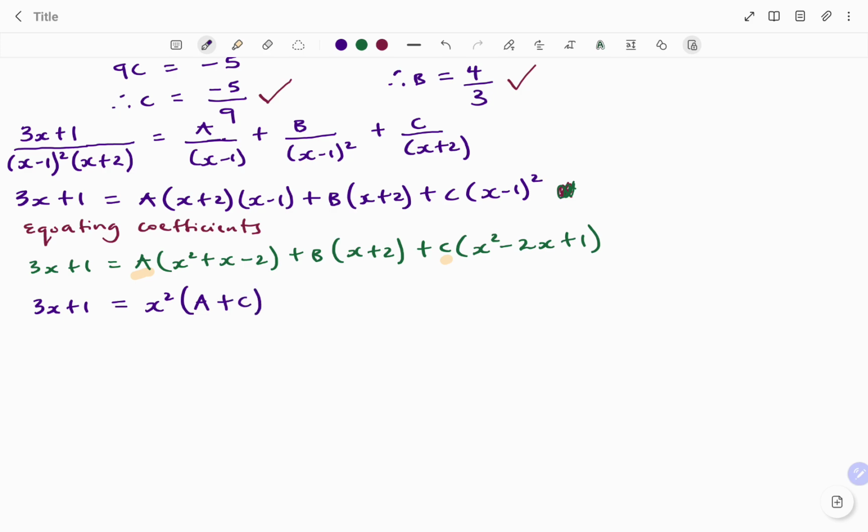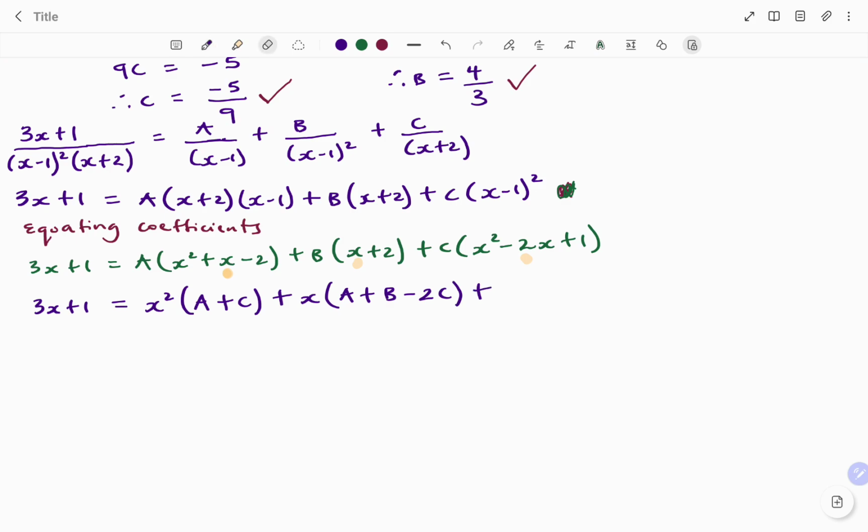Then I go to x. Those having coefficients of x are a, b, and c. So if I write that, I have a plus b and minus 2c. I'm going to explain how I got that shortly.